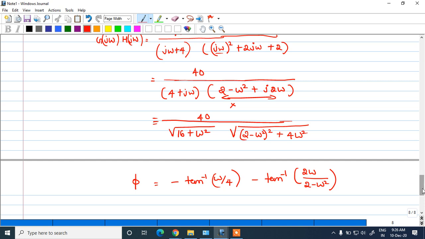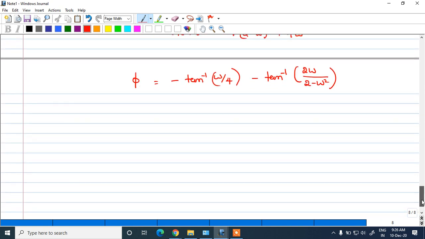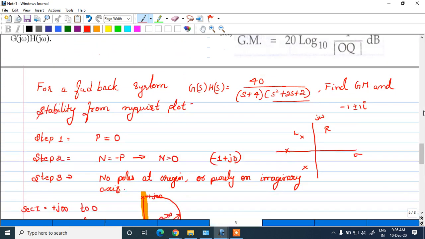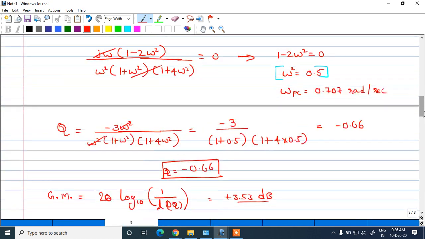Now we have to draw the table. Before that, let me copy the table.